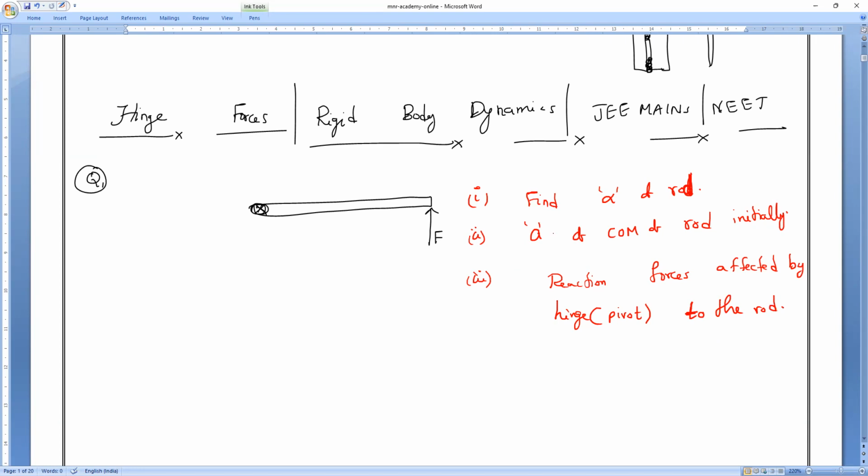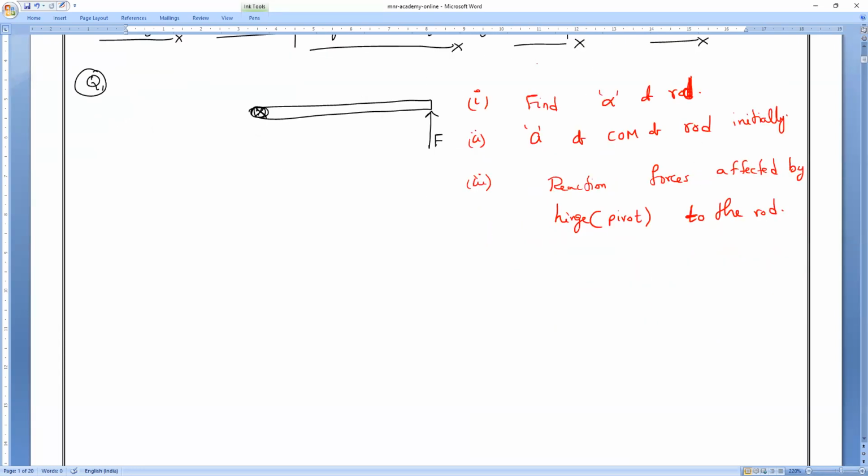Now first we can find the angular acceleration. We all know tau is equal to I alpha. Let us draw the diagram again. The rod is pivoted at a point, and the force is applied at the other end.